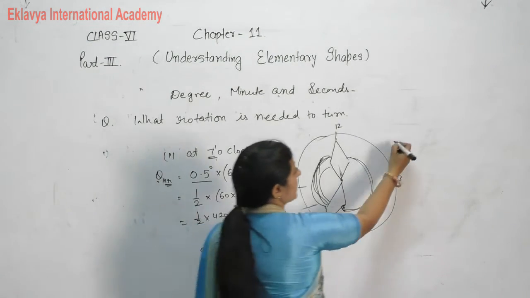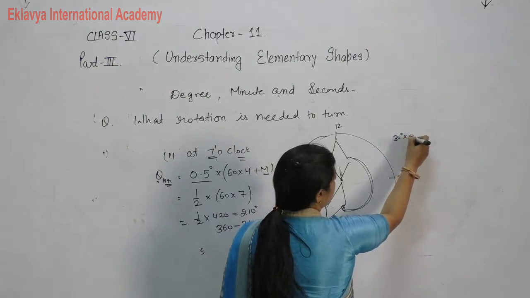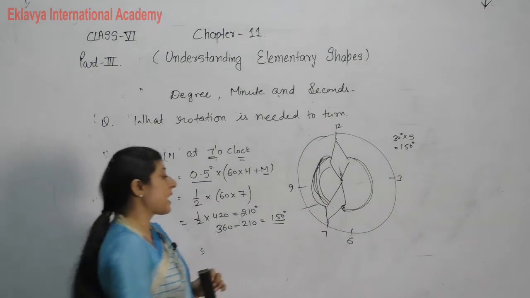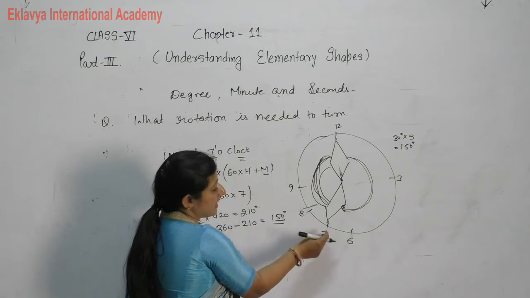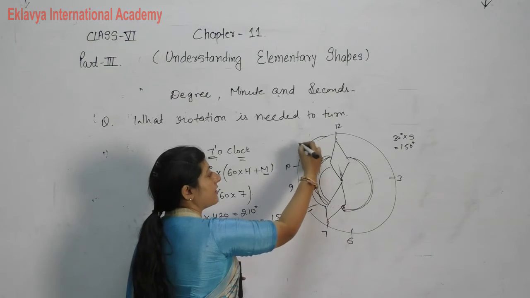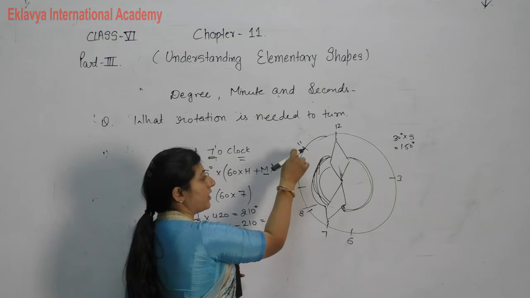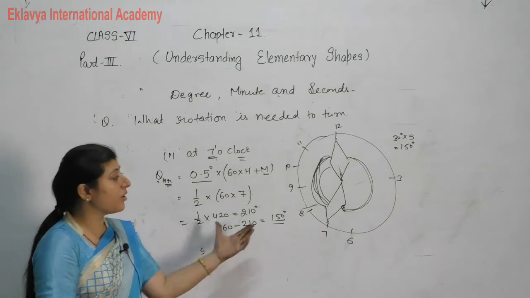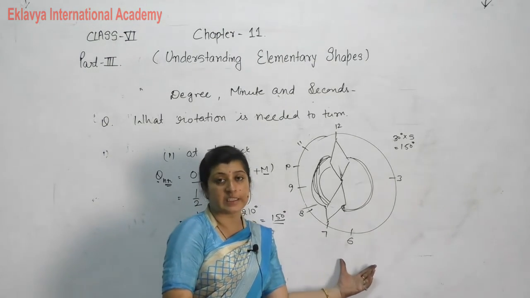In 1 hour it makes 30 degree, then in 5 hours it will make 150 degree. There is a gap of 30 in every hour. 7, 8, 9, 30, 30, 60, 90, 120, 150. So you can use this formula or you can do directly.